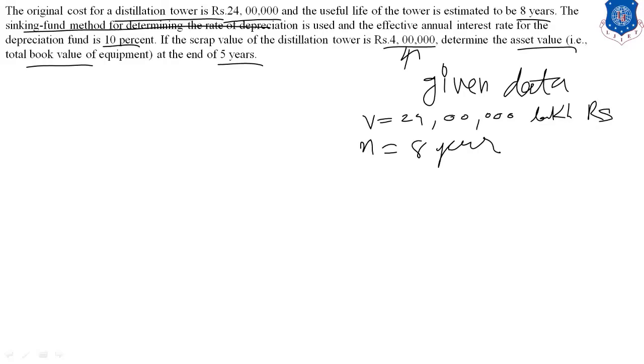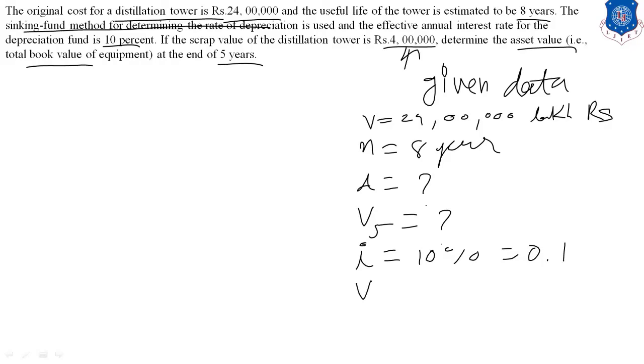We have to find the depreciation using the sinking fund method, and the asset value, or V of 5th year. The interest rate, represented by I, is 10%, so we can say 0.1, and the scrap value, or salvage value, is 4 lakh rupees.